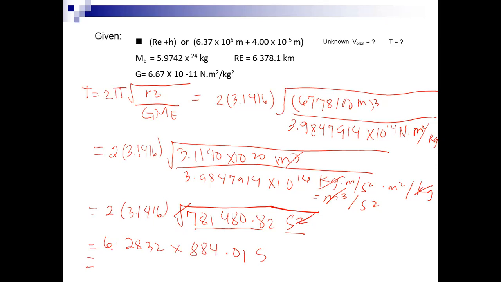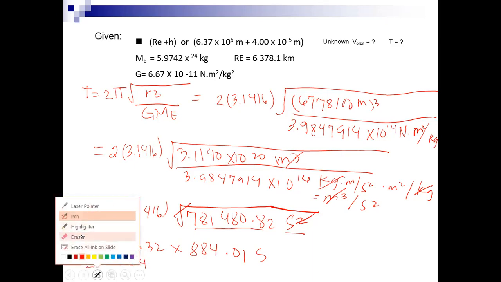So therefore, i-multiply natin yan, no? Times 6.2832. Alright. Meron kang 5. That is 5. 5. Another 5. Okay. Another 5 for.